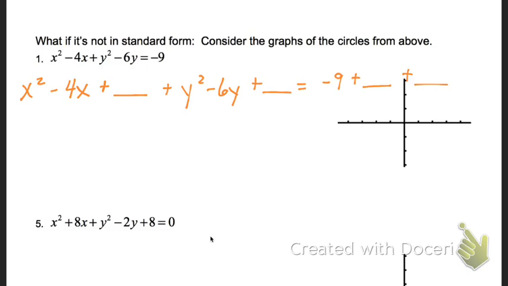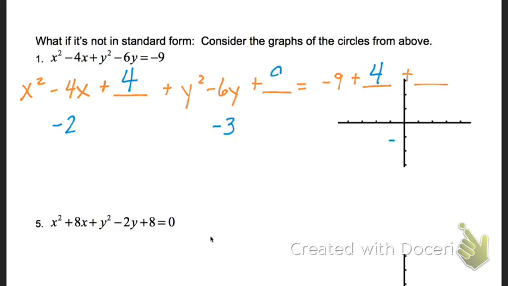Now I do the same thing that I know how to do, which is taking half of the middle term. So half of the middle term would be negative 2. Negative 2 squared is 4. I'm going to put a 4 and a 4. I'm going to take half of the middle term for y, which would be negative 3.